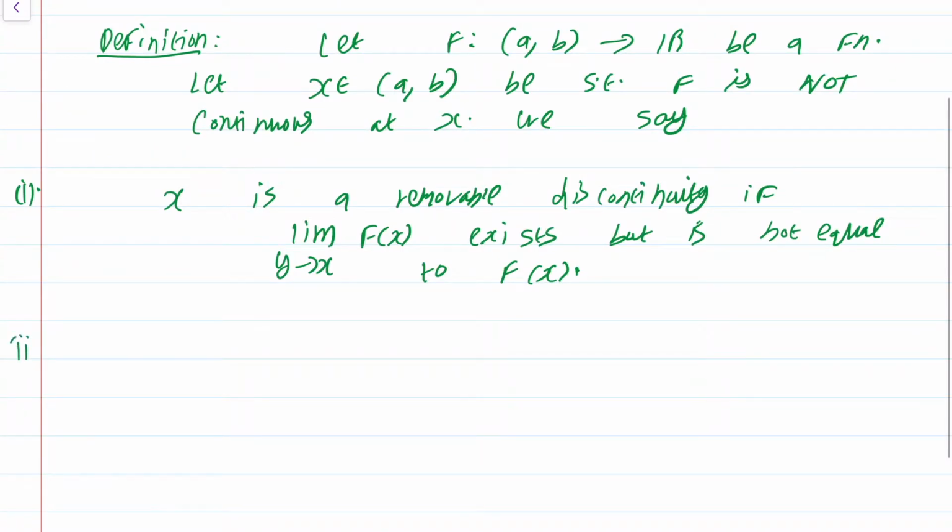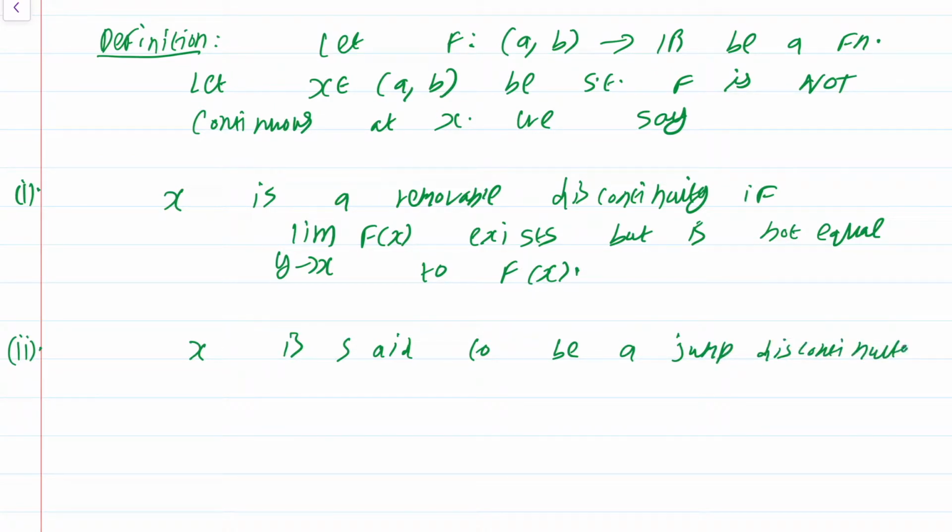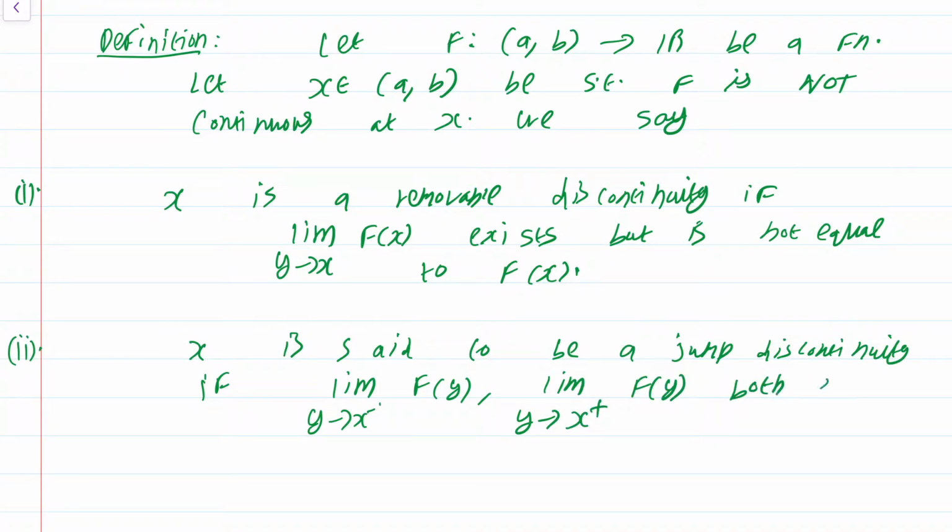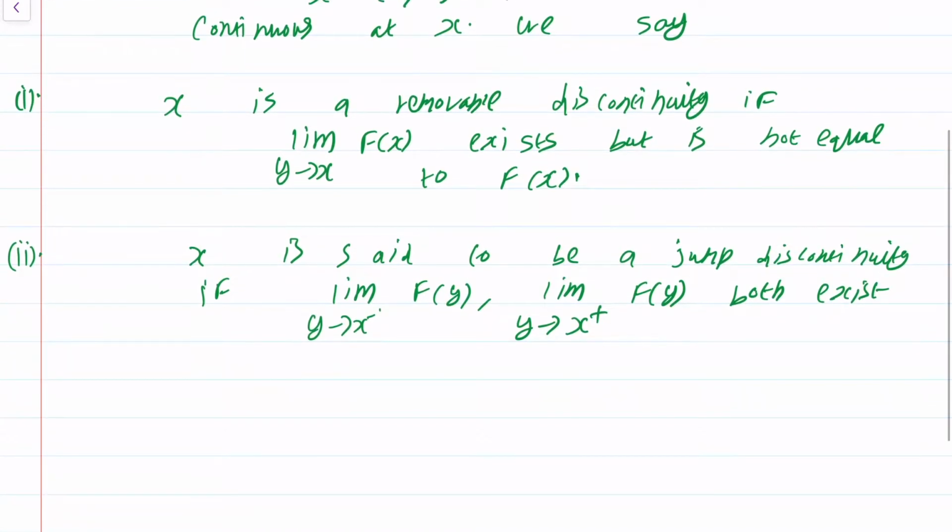Number two, x is said to be a jump discontinuity if the limit as y goes to x minus of f(y) and the limit as y goes to x plus of f(y) both exist but are not equal.